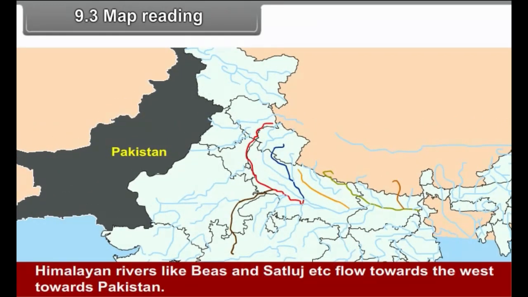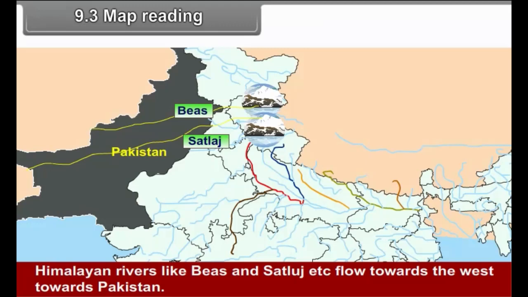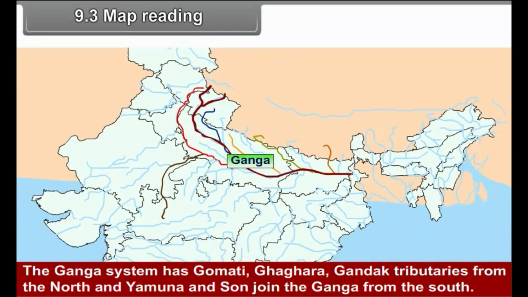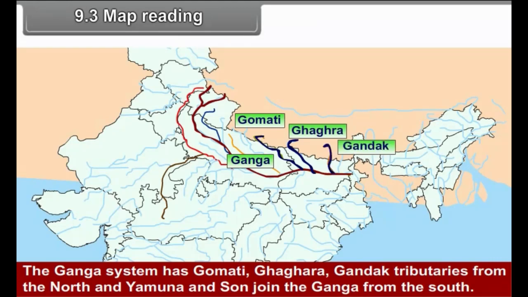Himalayan rivers like Beas and Satluj, etc. flow towards the west towards Pakistan. The Ganga system has Gomati, Ghagra, Gandak tributaries from the north and Yamuna and Son join the Ganga from the south.